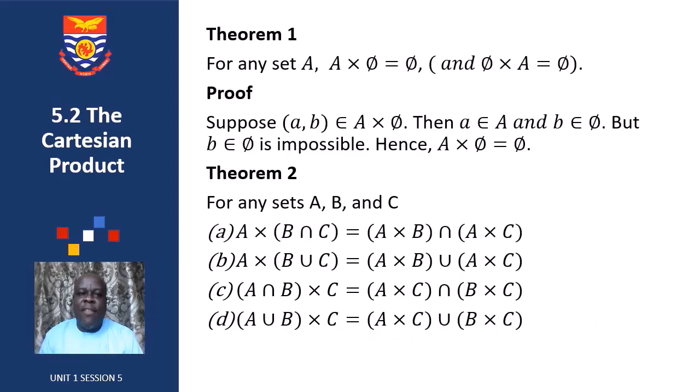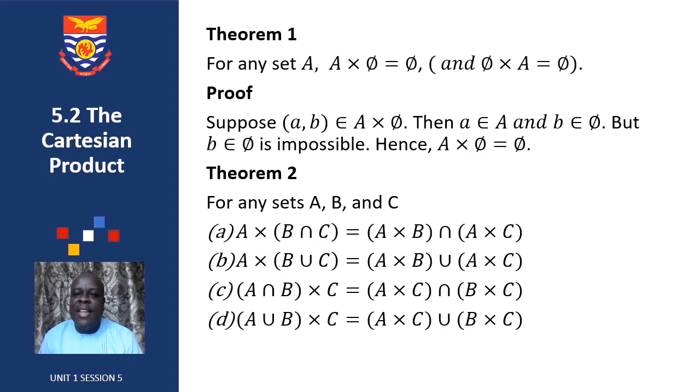Let's look at the first theorem under the Cartesian product. It says, for any set A, A cross the empty set is equal to the empty set. Conversely, the empty set cross A is still equal to the empty set. We want to prove this theorem. Suppose the ordered pair (a, b) is a member of A cross the empty set.